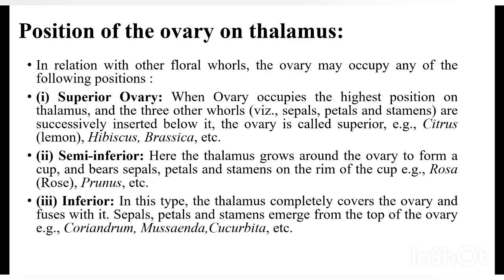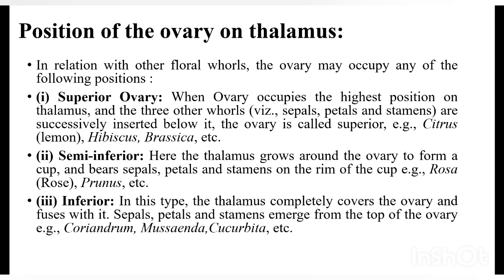Then position of ovary, it is the most important one. One is superior ovary, one is inferior, one is semi-inferior. When the ovary occupies the highest position of the thalamus and all other whorls are inserted below it, the ovary is called superior, and it is the hypogynous condition. Sometimes the thalamus completely covers the ovary and all the other whorls arise on top of the ovary.